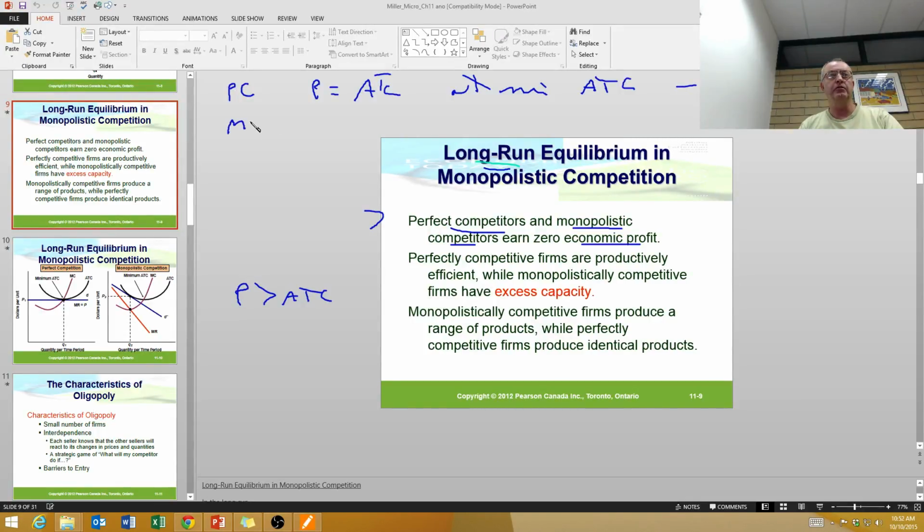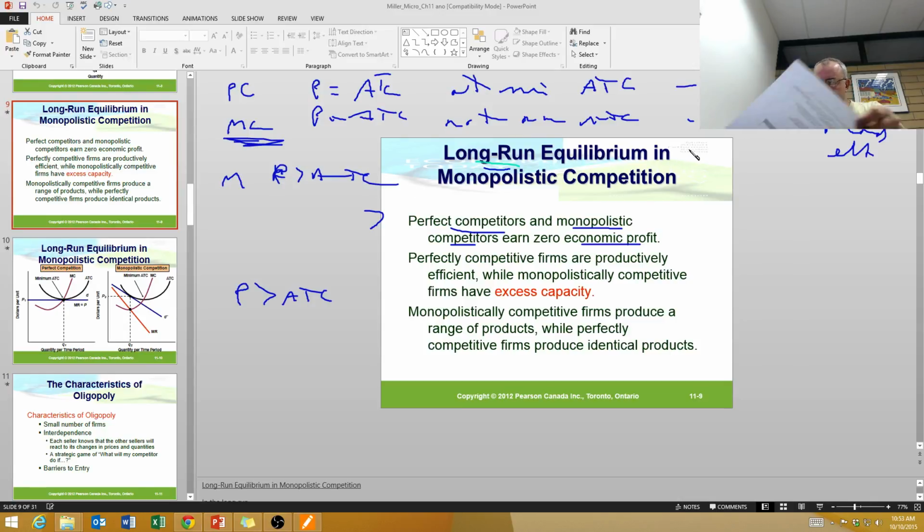And in monopolistic competition, in the long run, price equals average total cost, but it's not at the minimum average total cost point, and therefore monopolistic competition is not productively efficient. And likewise, monopoly is also not productively efficient because in monopoly, price is greater than average total cost, and so it's not productively efficient.